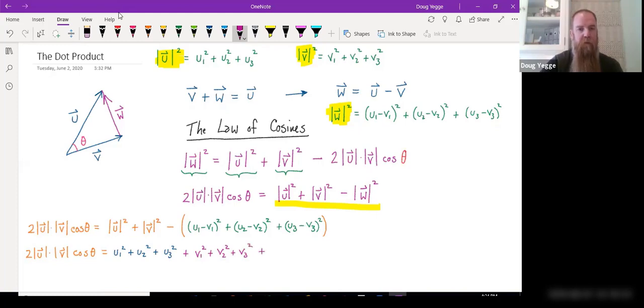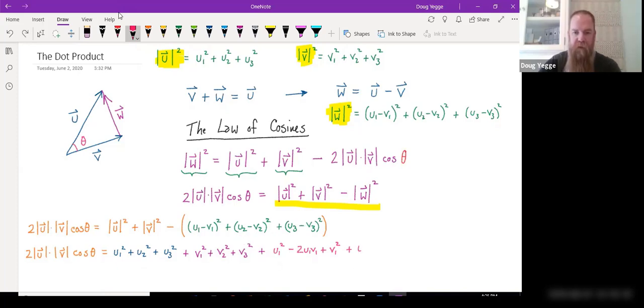And now we're going to expand each of these quantities right here. So when we expand that out, multiplying u1 minus v1 times u1 minus v1, we get u1 squared minus 2u1 v1 plus v1 squared, plus. Well, we're now going to expand u2 minus v2 squared in the exact same way.